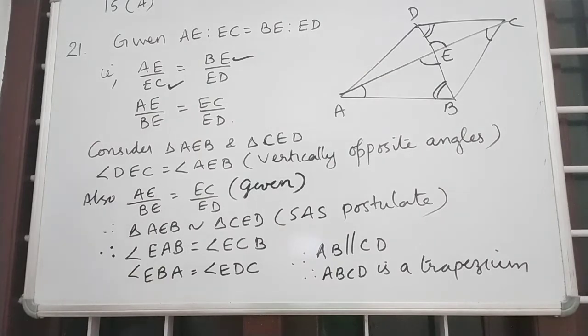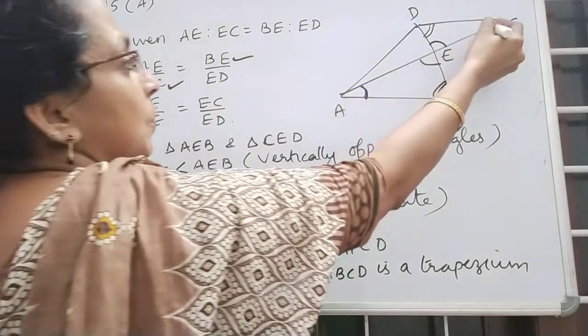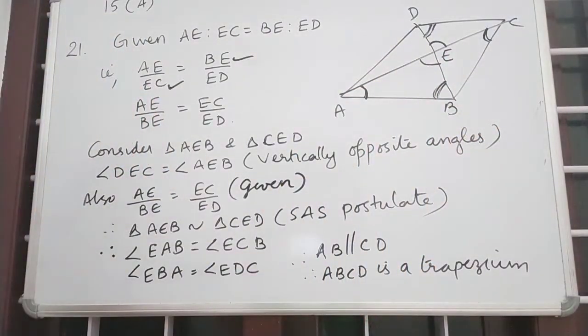EAB, ECD, then EBA and EDC. These two and these two are pairs of alternate angles. So we can say that AB is parallel to CD.